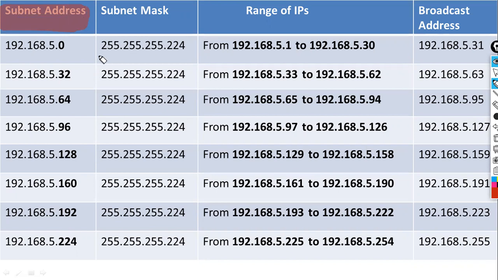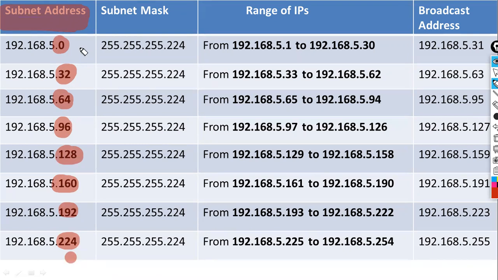Block size here would be 32. And see here, 0, 32, then add 32 again, 64, one more time 32, 96, then again 32, 128, 32, 160, 32, 192, 32, 224. So we would end up with the same number, 224.